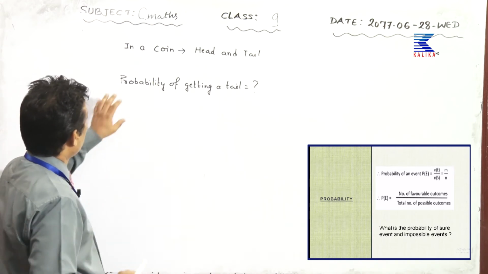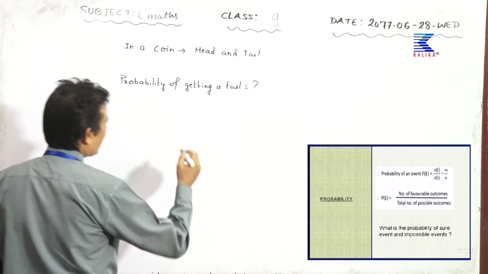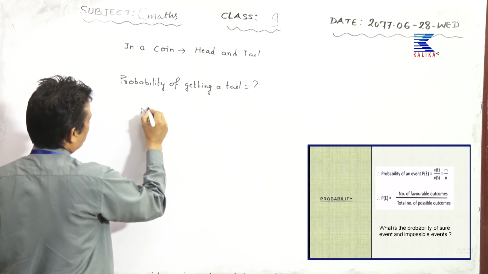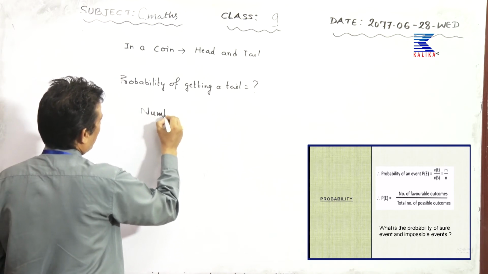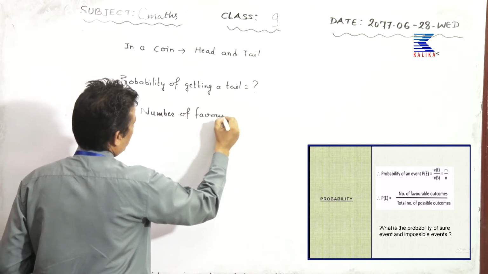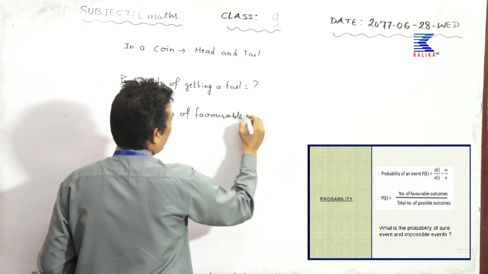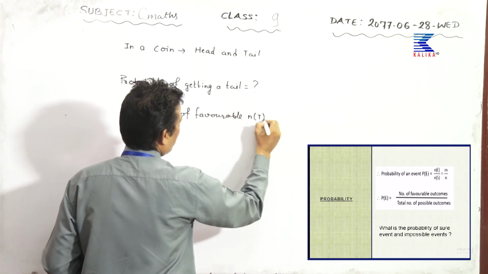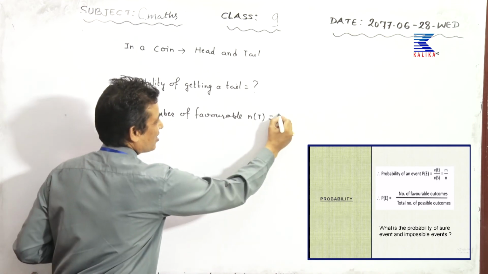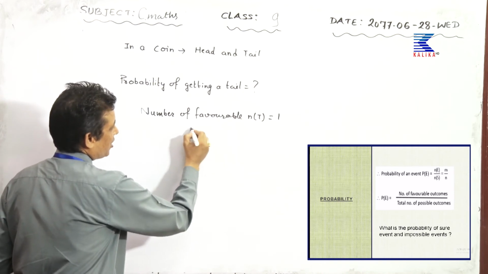You need to remember the number of favorable outcomes, dear student. If we are looking for a tail, favorable outcomes means the number of tails. How many tails are there in a coin? One tail, yes. And what is the set of sample space?